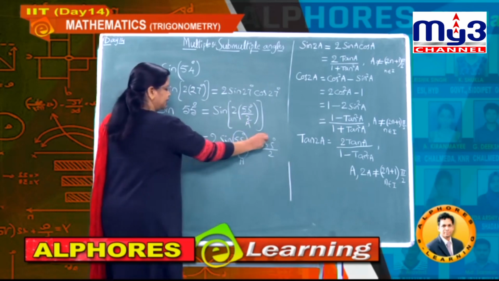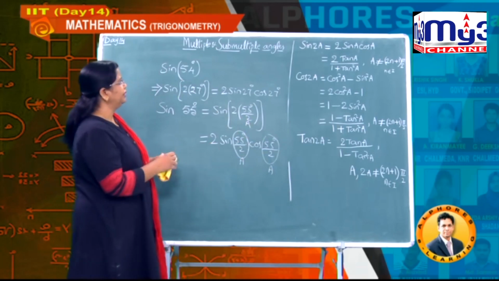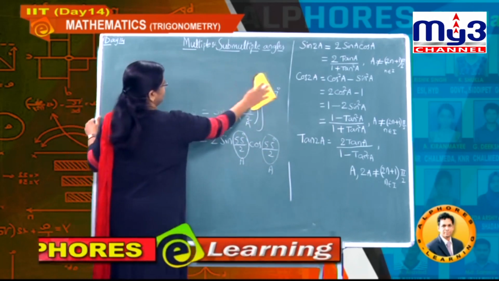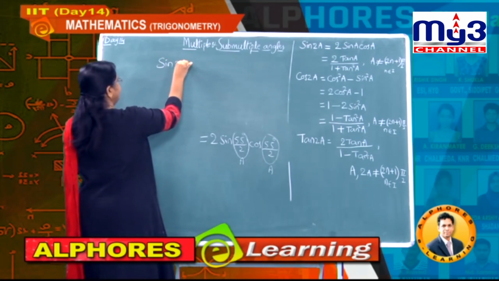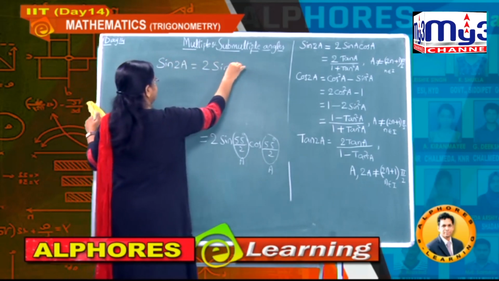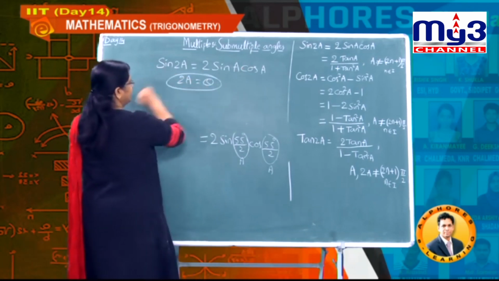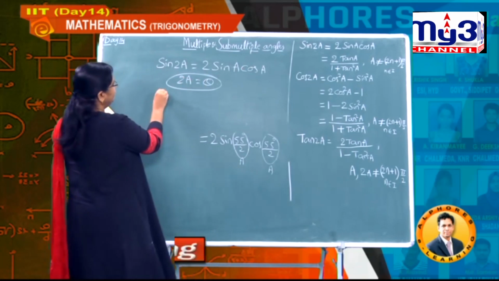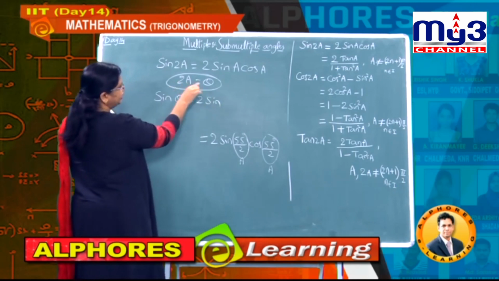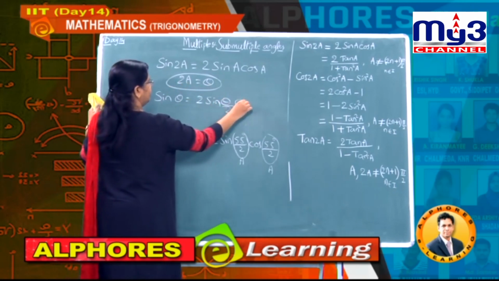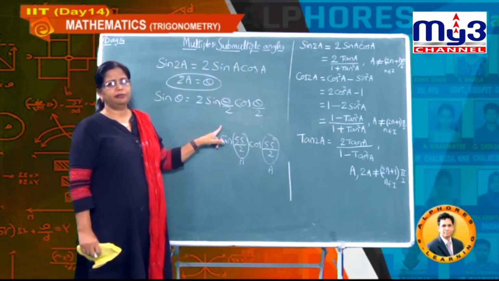This is A here, again A here, that is sin 2A is 2 sin A cos A. Sometimes you can apply the same result, sin 2A equal to 2 sin A cos A. If I take 2A equal to theta, then it will become sin theta equal to how much? 2 sin, what is the A value? Theta by 2. So 2 sin theta by 2 into cos theta by 2 also. So in this way also you can remember the formula.